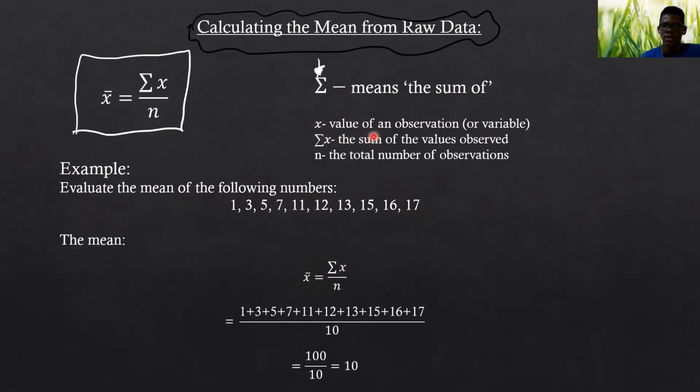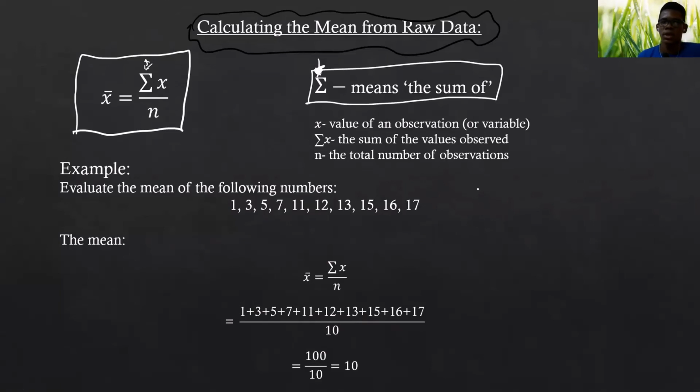It just means that you add all these numbers together, right, and divide by the total number of observations. So this is just it in symbols. Again, I just want to introduce the symbols to you. n means total observations. Epsilon means the sum of. This one will pop up. So remember these, right? And x is a value of an observation.